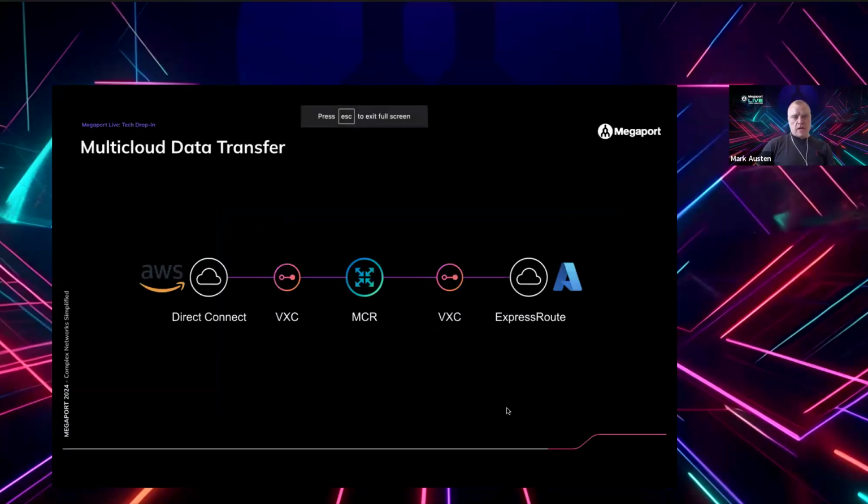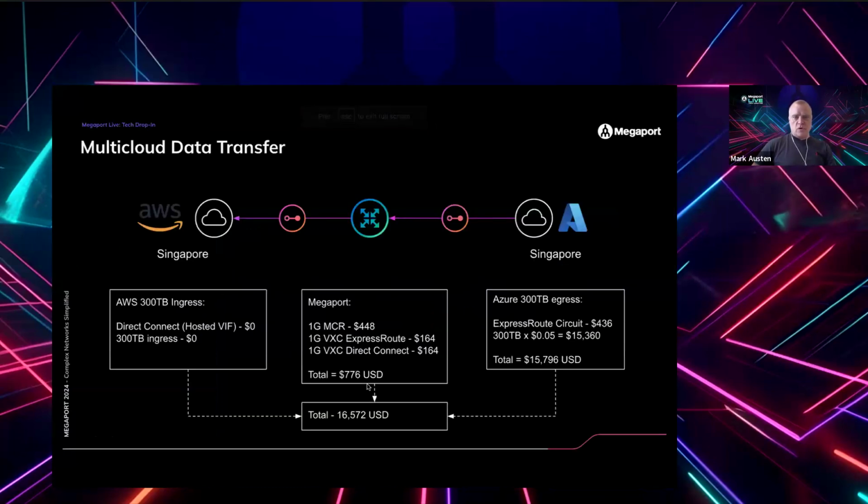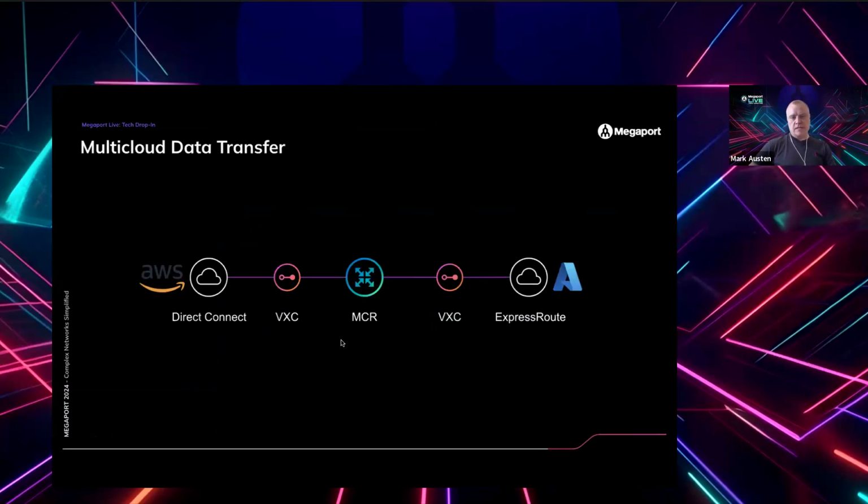Okay, so how do you work out total cost for this, in terms of comparing it to using the internet? Remember, with the Megaport Cloud Router, you're getting private, high-speed, high-performance, SLA-backed connectivity versus using the internet. So you're getting dedicated bandwidth allocation.